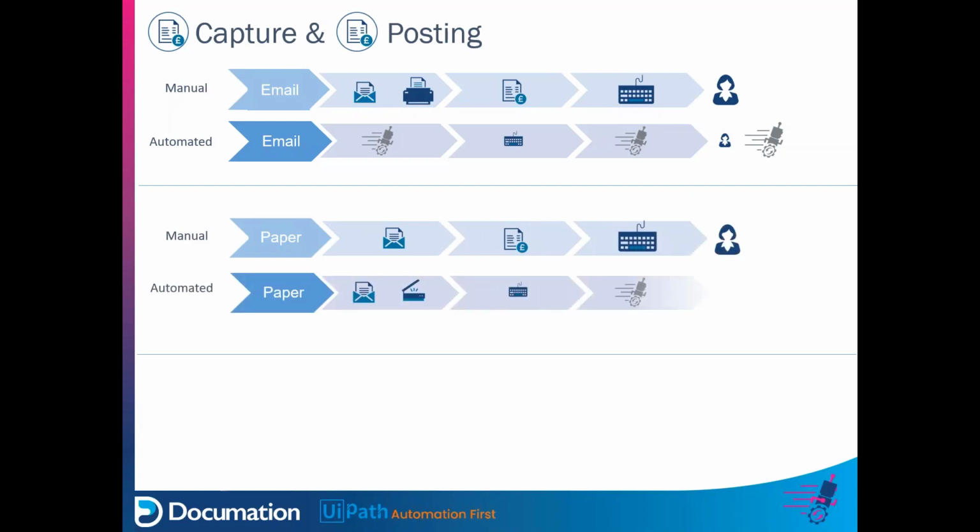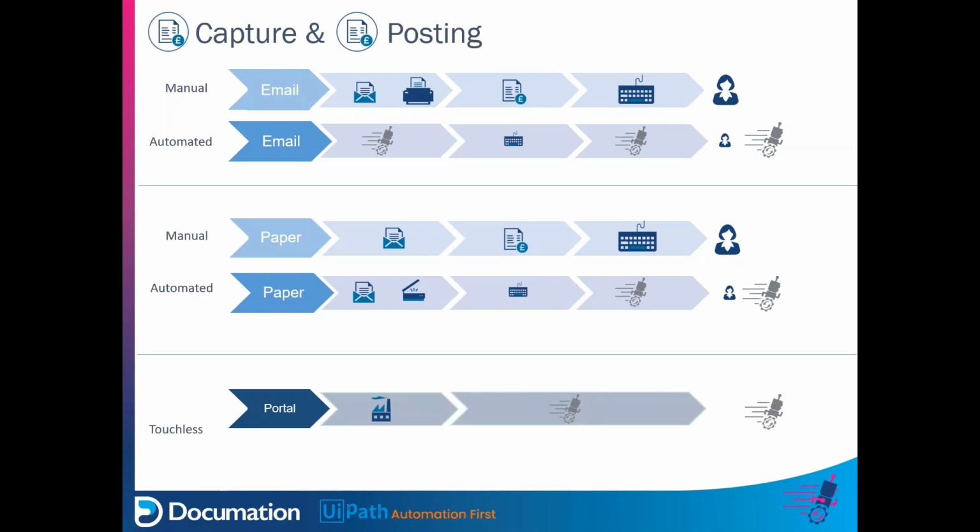The same story is true with paper invoices. Once we've scanned those paper invoices, we can train the robots to capture the information and to carry out the posting for us, again with minimal human interaction.